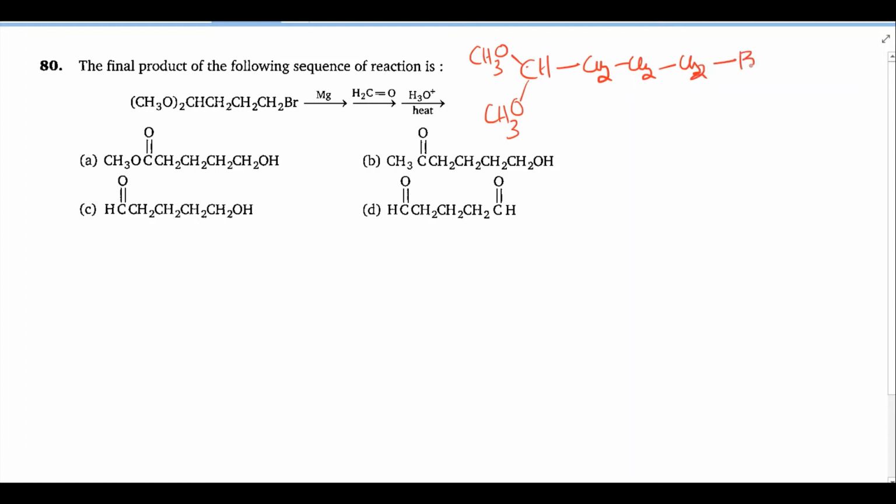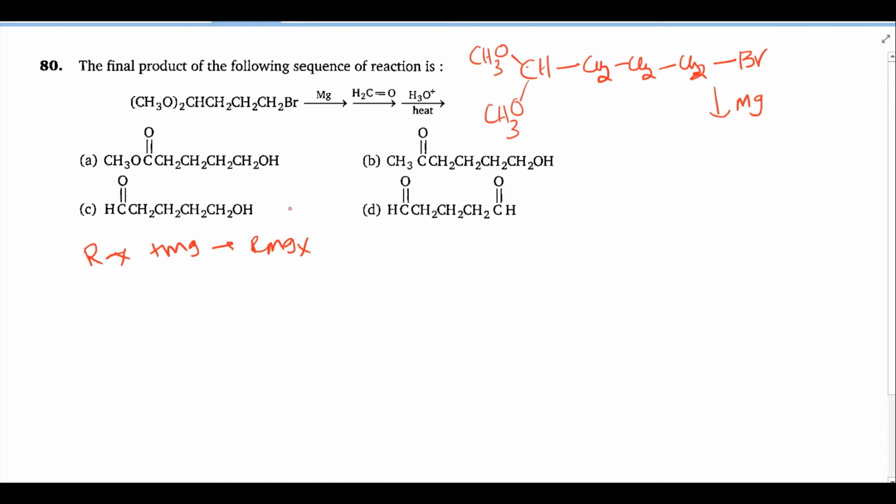After that Br is there. So this is treated with Mg. As you already know, very simple: RX plus Mg gives RMgX. This is called the preparation of Grignard reagent.